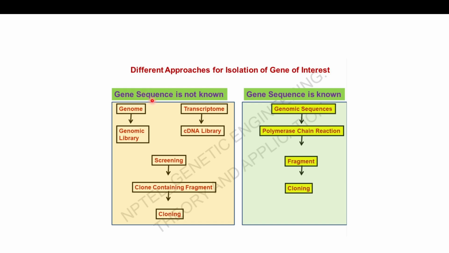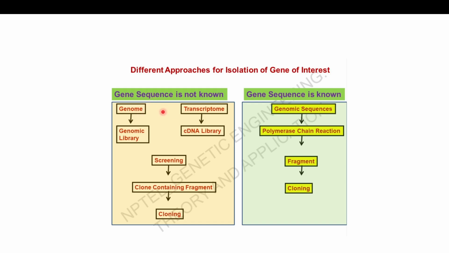One is that you don't really know the gene sequence at all. You want to insert a particular genetic sequence of your interest. Suppose in that example of insecticide gene insertion into the plant cells, you really don't know which particular gene sequence encodes for the insecticide.